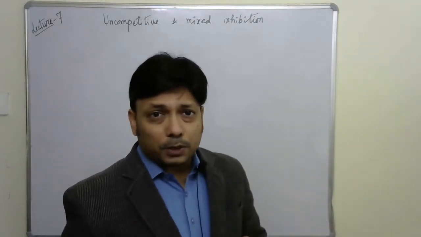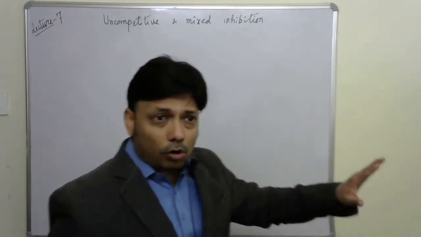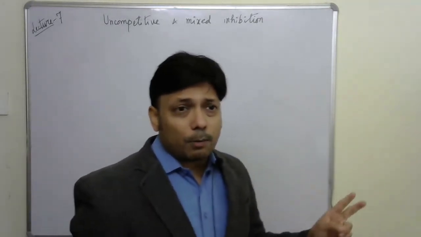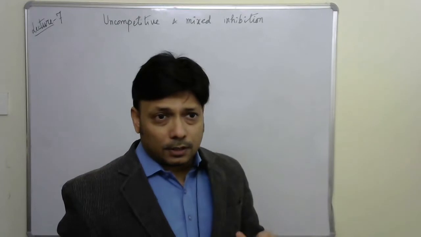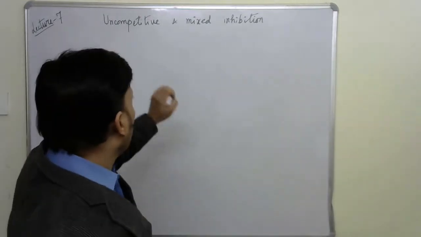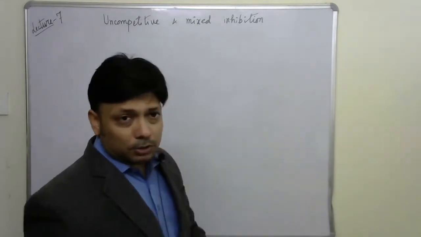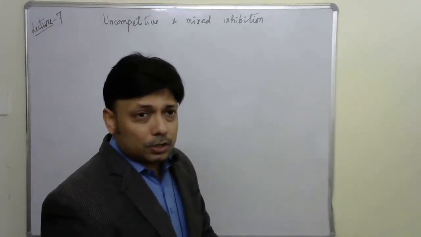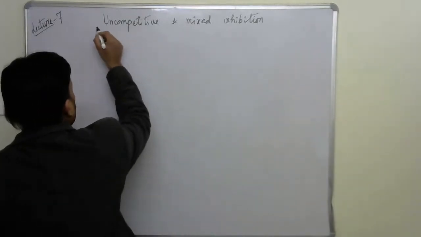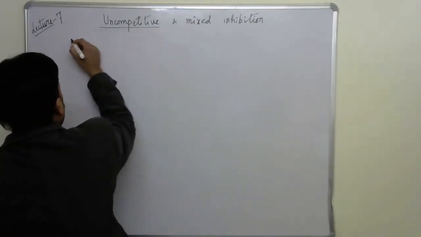One is competitive inhibition, which we have already covered in lecture number 6. Today we are going to learn about the two other types: uncompetitive inhibition and mixed inhibition. So today we first start with uncompetitive inhibition.